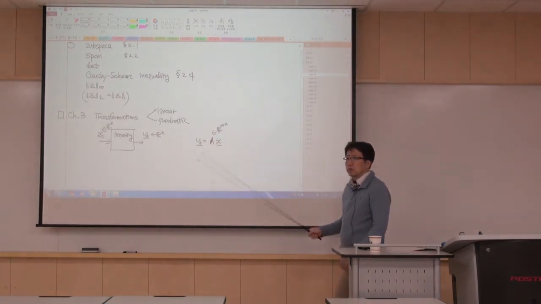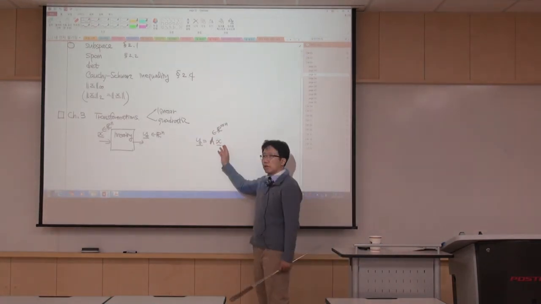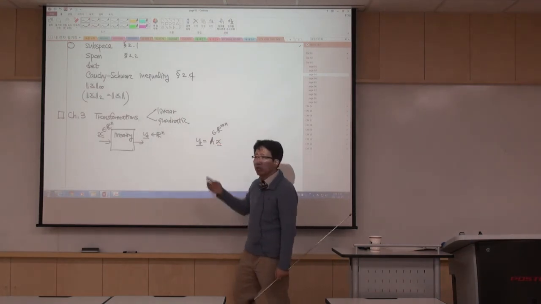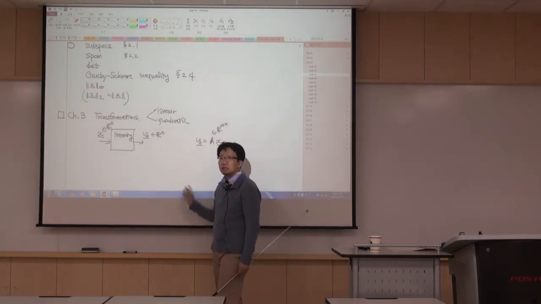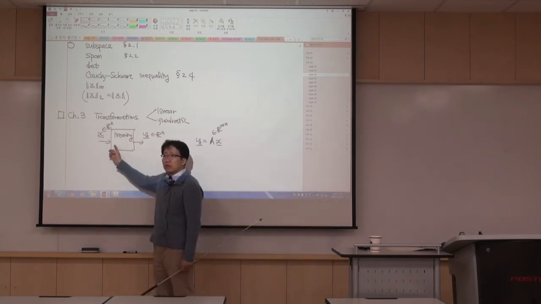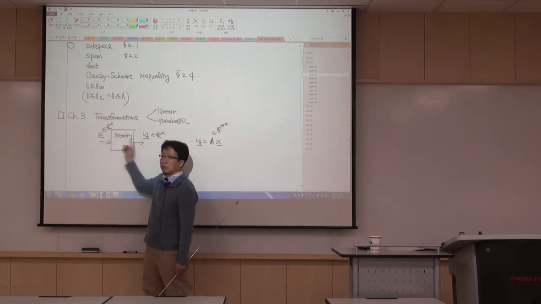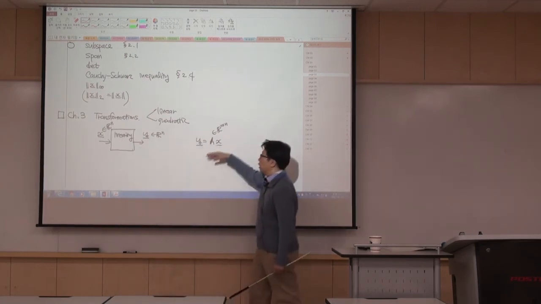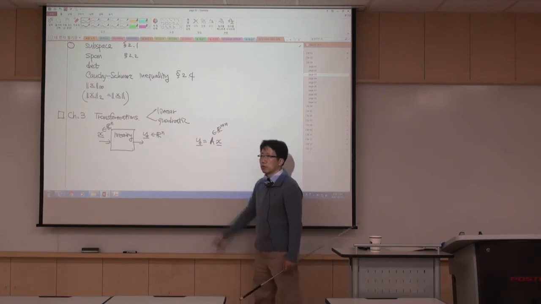Probably your linear algebra class never proved this one, but if I teach linear algebra, I will prove it. This proof is not that difficult, but you should remember. The reason why you learn linear algebra is to learn a linear system with vector input and vector output. You always have some matrix that relates the input and output of this linear system.